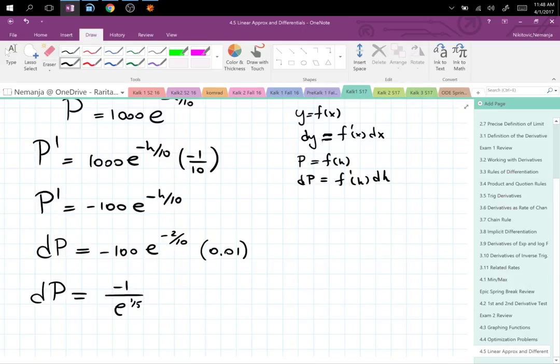Let's see what this is. e raised to 0.2. So the whole thing is negative 0.82. Does it make sense? Of course it makes sense, because the higher you go, the less air pressure, right?